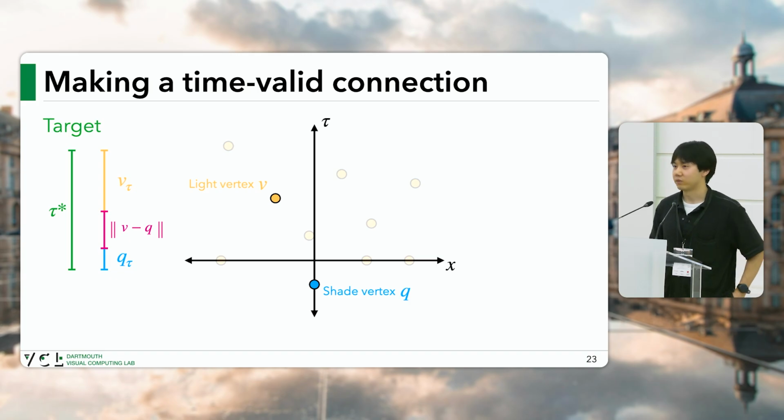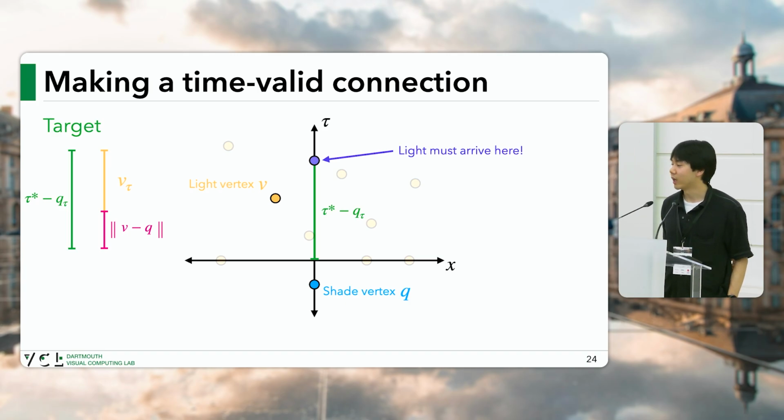But note that since we fixed the shade point here and want to query with it, this q tau is constant. This means that the light side, so extending the light subpath, must result in arriving at the shade point's position, along the vertical axis, at exactly this target time after the pulse. And this is essentially a deadline.